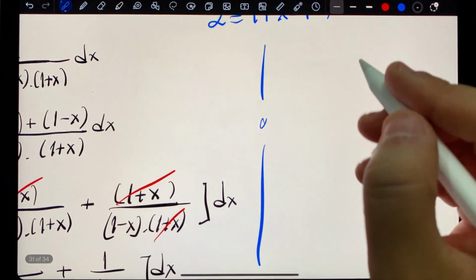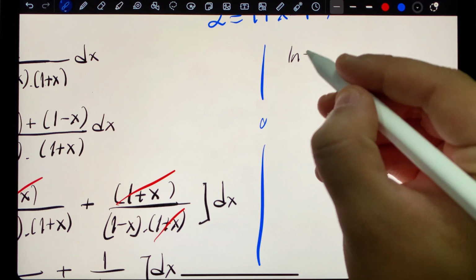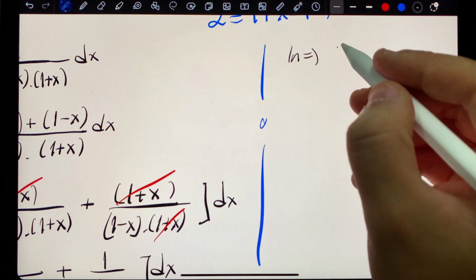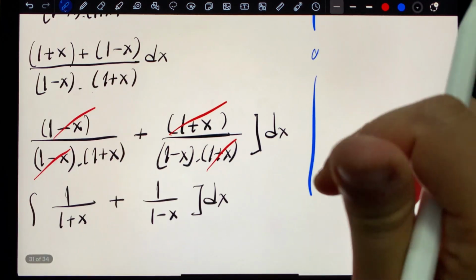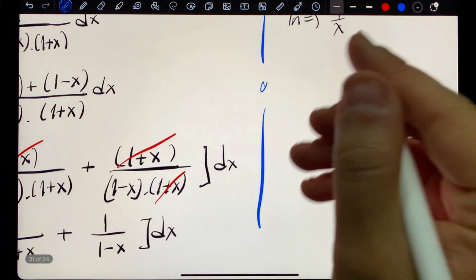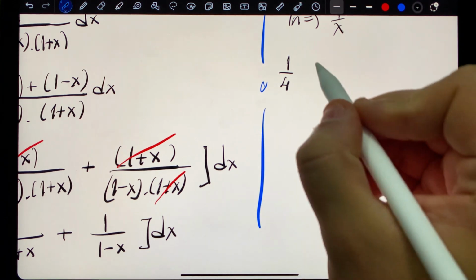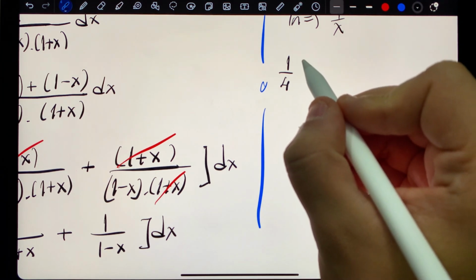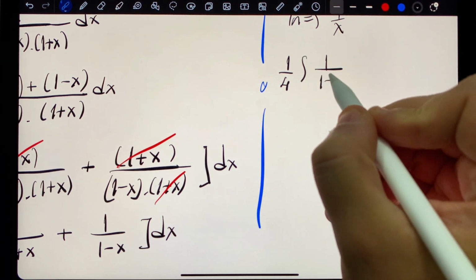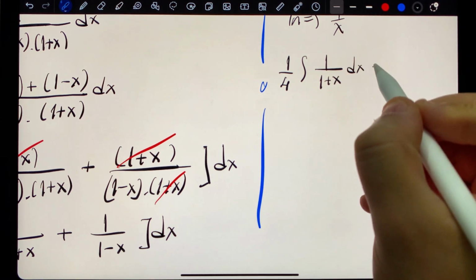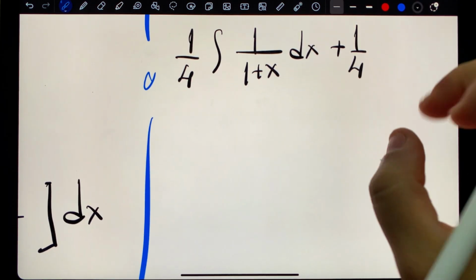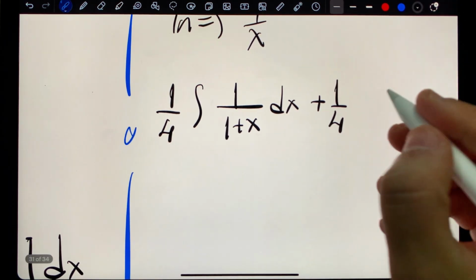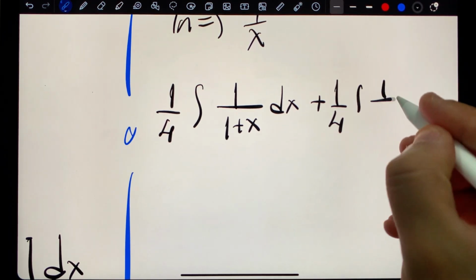Now, let's recall the integral of 1/x, which is ln x. What will happen when we take the integral? With the same logic, I can write it like this. What was the final form of the integral? 1/4 integral of 1/(1 plus x) dx plus 1/4 integral of 1/(1 minus x) dx.